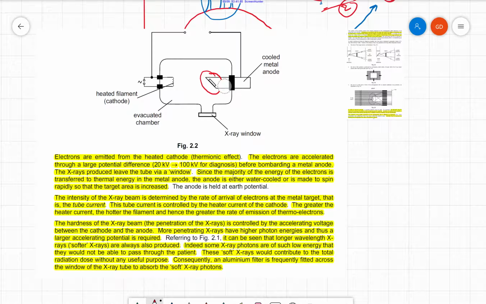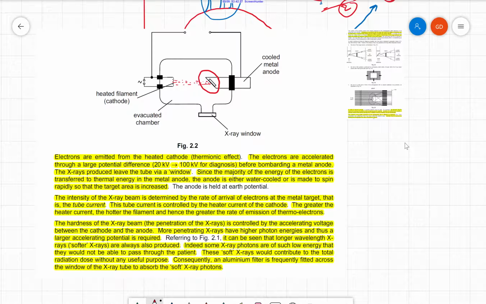Why? Because we could say that 95 to 99% of the energy of the electrons traveling from the cathode to the anode and hitting the target is transferred into thermal energy, while only 1% is transferred into X-ray energy or radiant energy.